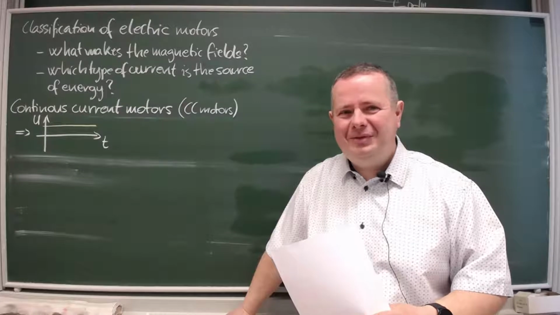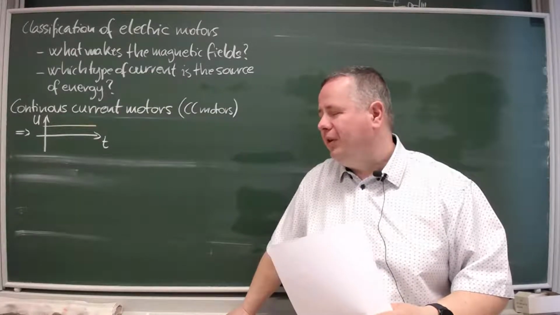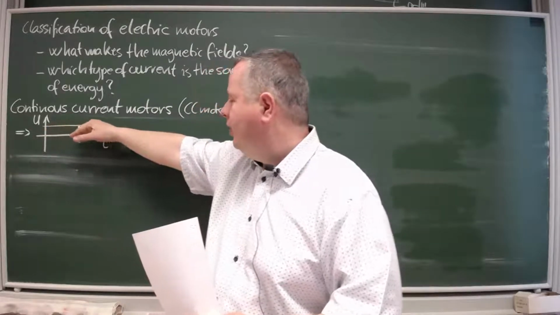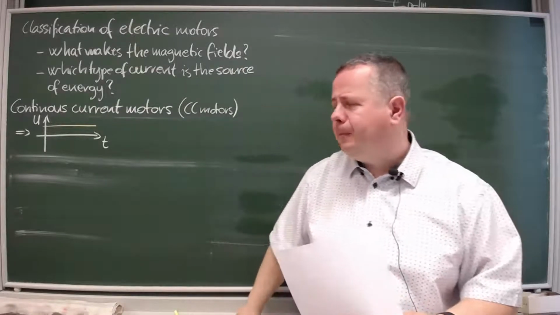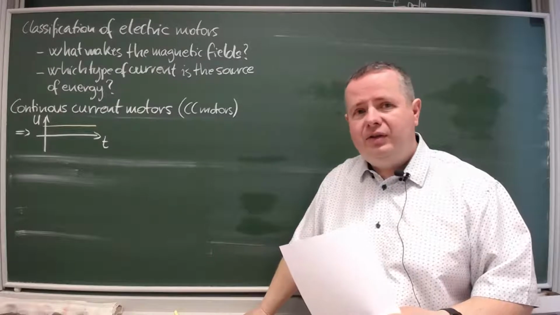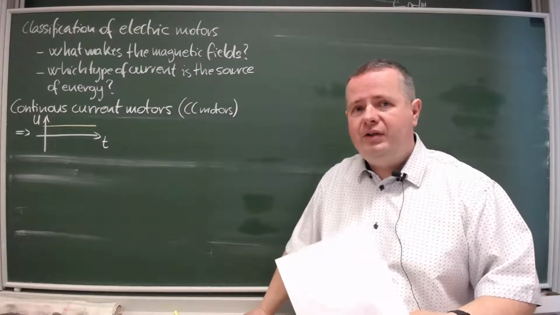So 3 types of grid tension. But here, most important is the continuous current. Historically, these were the first engines to be created, because we could make electric batteries providing continuous current by chemical way really easily.